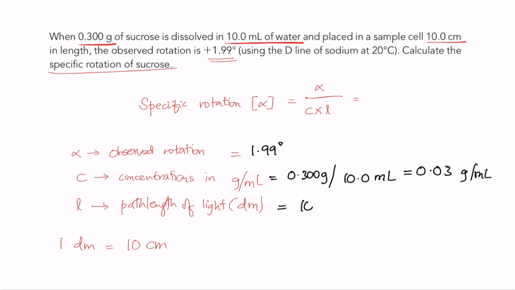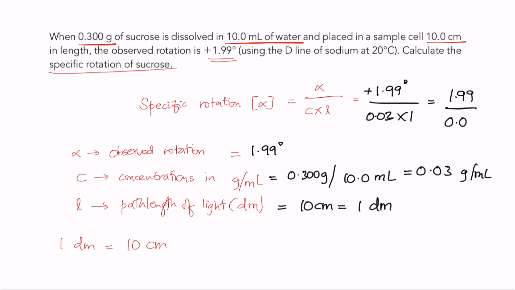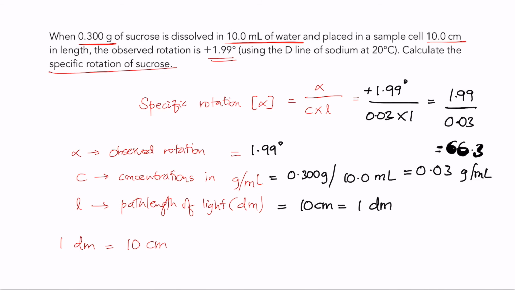The path length is given as 10 centimeters, which converts to 1 decimeter. So how do you calculate the specific rotation now? Write down the symbol as well. It is 1.99 degrees divided by 0.03 times 1, so that becomes 1.99 by 0.03. Let's calculate the value: 1.99 divided by 0.03 gives you 66.3 degrees.